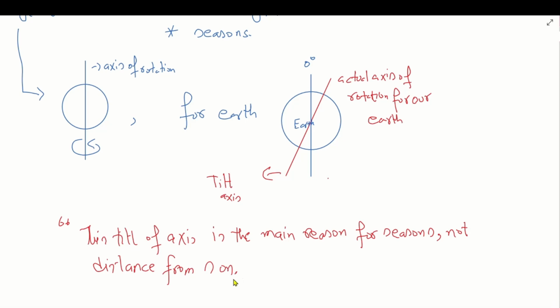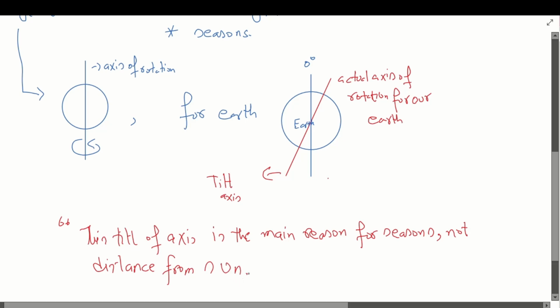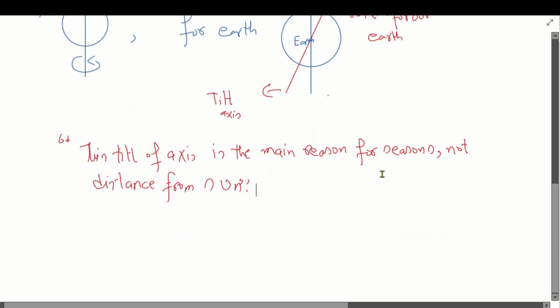Usually we have a myth that when we get closer to the sun we get summer, and when we move far away from the sun we get winter. It's not that way. Basically the tilted axis is the main cause of the seasons, and it is also the main cause we get different seasons for the northern hemisphere and for the southern hemisphere. And I will explain that later.